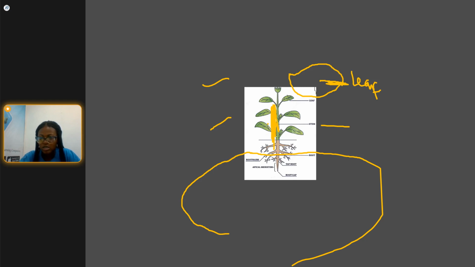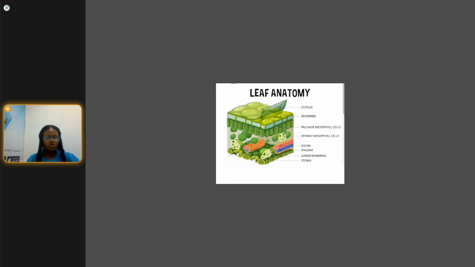So what is the function of the leaf? The leaf is the primary site of photosynthesis. So what is photosynthesis?